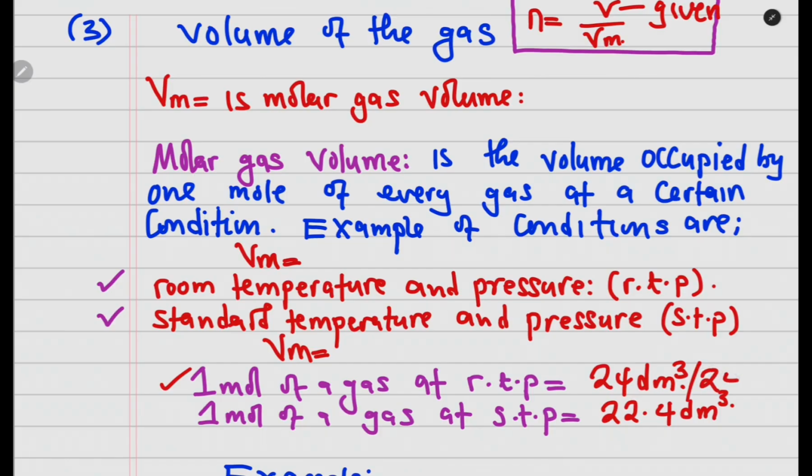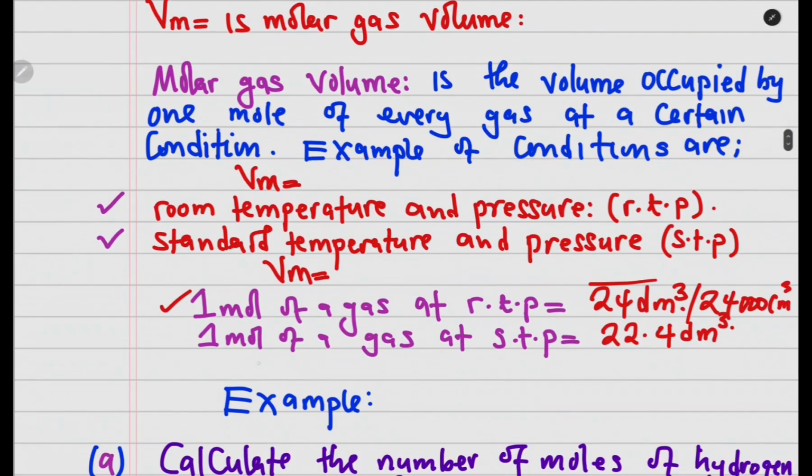But in centimeter cubed, you know that centimeter is less than decimeter, and 1 decimeter cubed is equal to 1,000 centimeter cubed. So in terms of centimeter cubed, this one is 24,000. So 24 decimeter cubed at room temperature and pressure, or 24,000 centimeter cubed. 1 mole of a gas at STP, standard temperature and pressure, is 22.4 decimeter cubed.